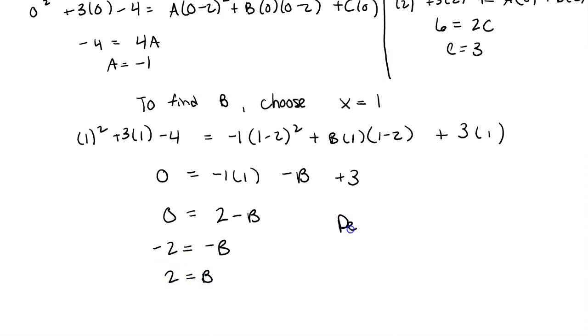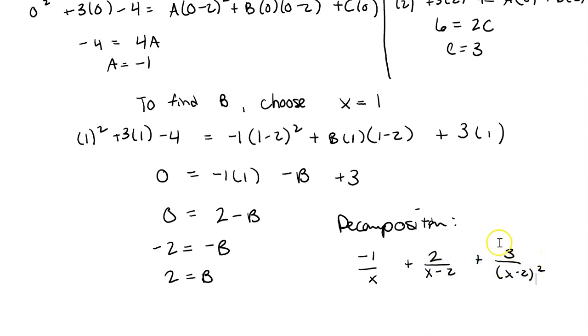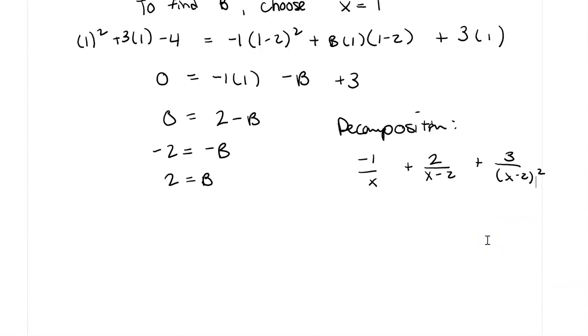So my decomposition comes down to a over x, so that's negative 1 over x, plus b over x minus 2, plus c over x minus 2 squared. So now I just need to integrate that.